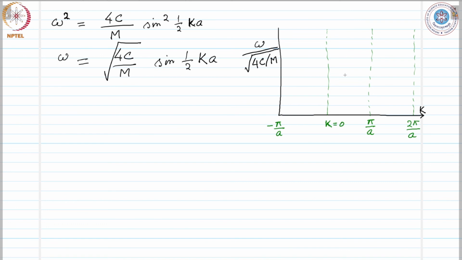So this part would be just a sine function, sine of half Ka. We will have the absolute value because we are taking the positive square root of sine function. So we can plot it this way.